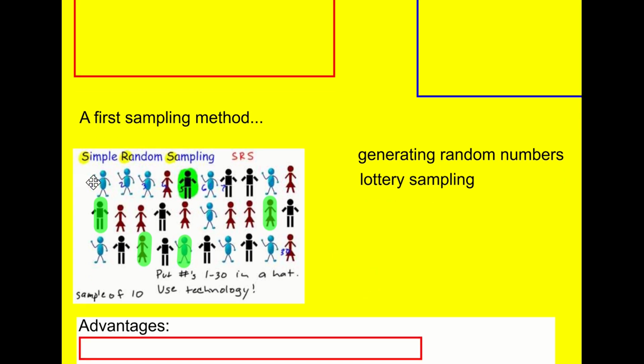If I've got 30 people in my population, maybe parents and children going to a nursery or something, then we could put all of their names in a hat, or a number that corresponds with them, and then pick a name out. It's random. We could pick 5 out of the 30 to give us a sample. That would be quite quick to do, and maybe we'd get a feel for the whole population.